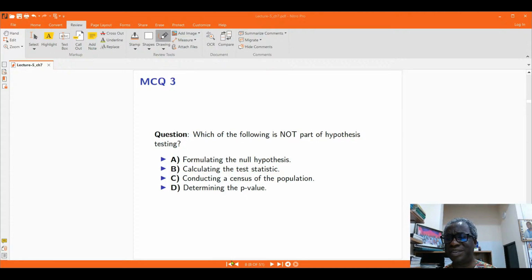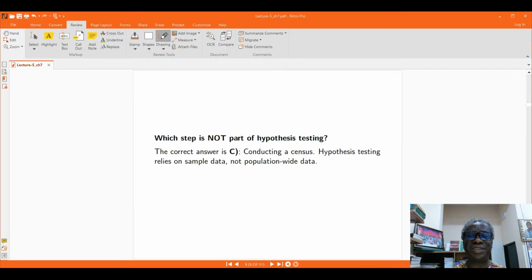Fedayo C, Wonola C, Festus C. I think consensus is around C. The correct answer is C. Conducting a census is not part of hypothesis testing.